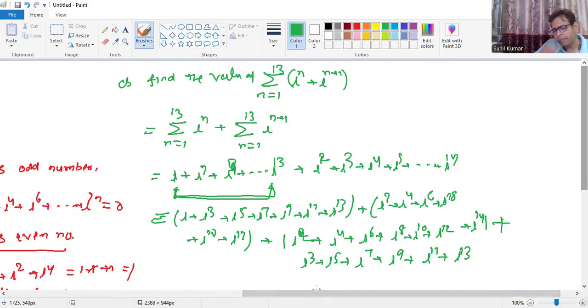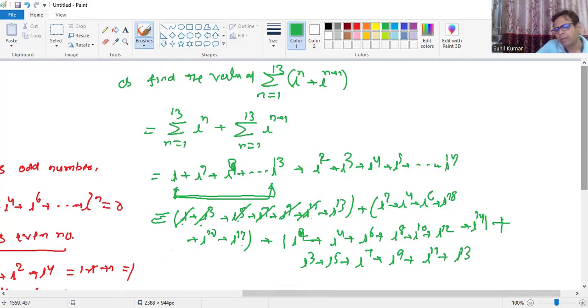We know that i cubed is minus i, and here plus i, so both are cancelled. i to the power 5 is i and i to the power 7 is minus i, so this also gets cancelled. i to the power 9 is i, and i to the power 11 is minus i, so it cancels.